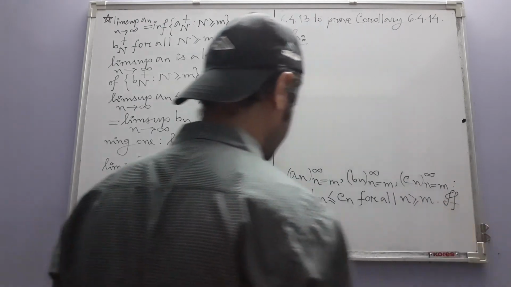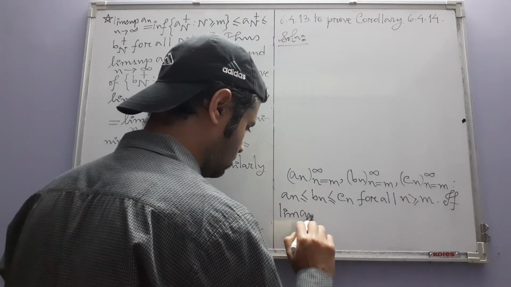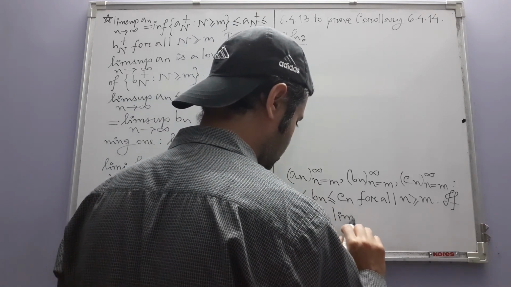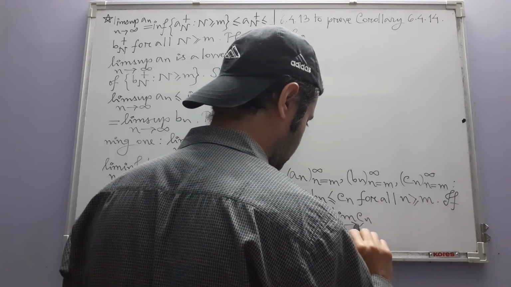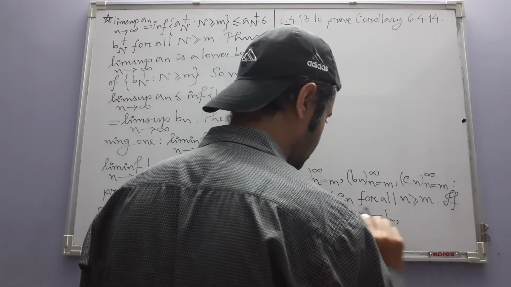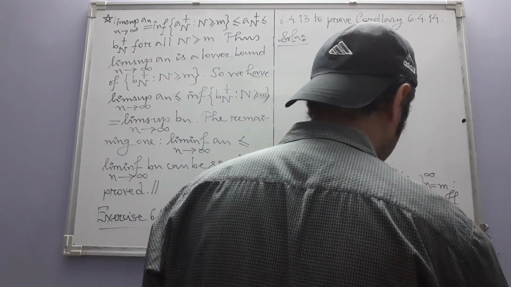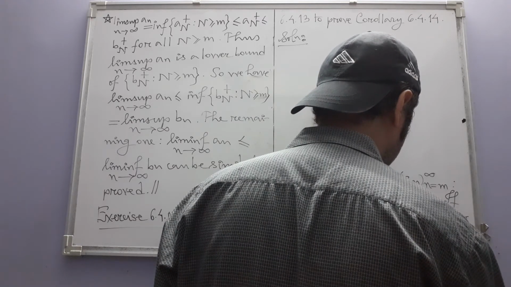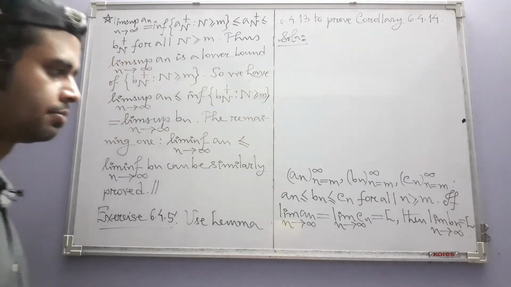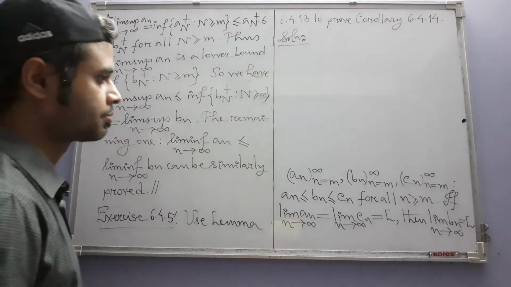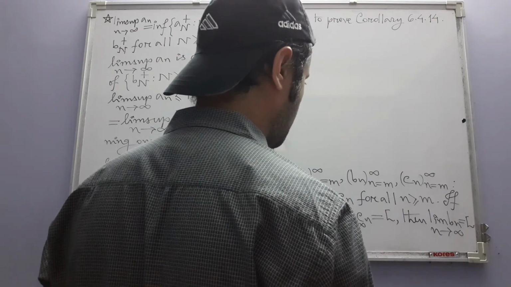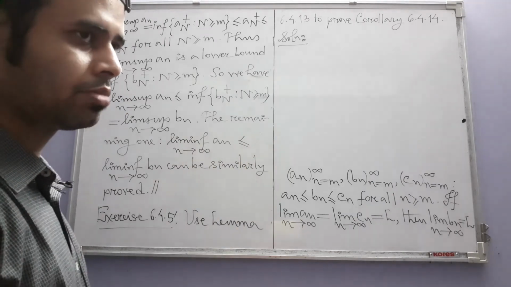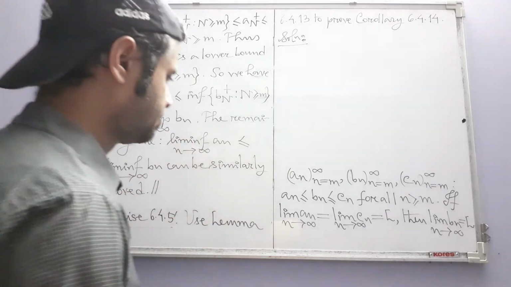If a_n and c_n are convergent and have the common limit L, then b_n is also convergent and has that same limit L. That's what we have to prove now. And we somehow have to use the comparison principle, that is these inequalities.